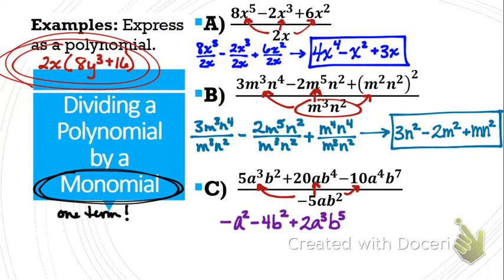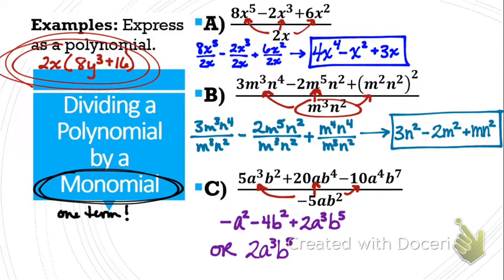The problem just said divide by monomial, right? Is that last one, the way I wrote it down, in decreasing order? No. So if I wanted to put this in decreasing order, what would need to go first? 2a cubed b to the 5th. Did you move that to the front because of the power on a or the power on b?